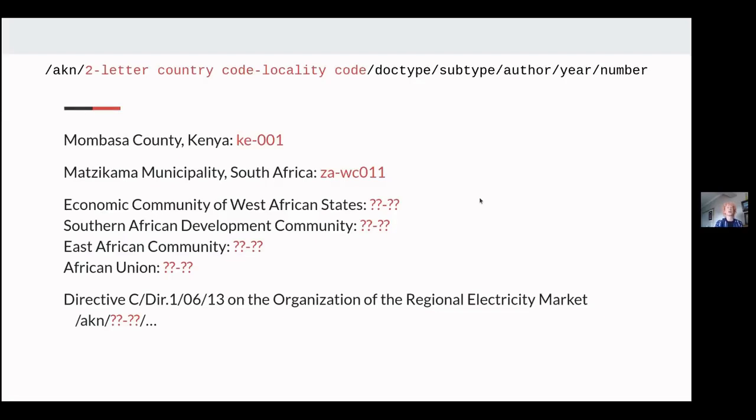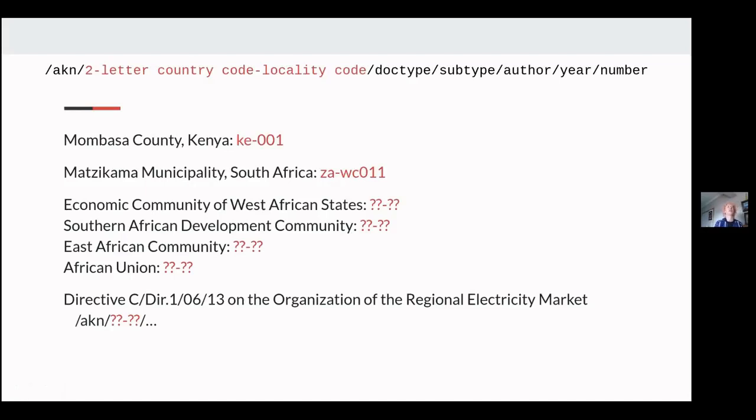But as we went further afield and started looking at, for example, things from ECOWAS. For those of you who don't know, we have some regional bodies in Africa for different parts of it, as well as the African Union, which obviously applies to all of Africa.